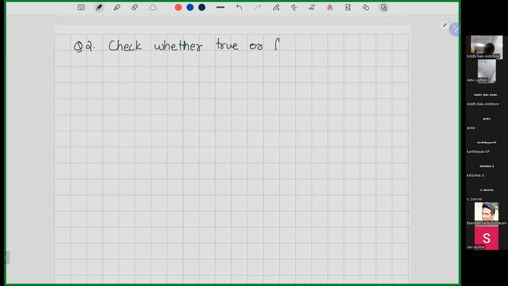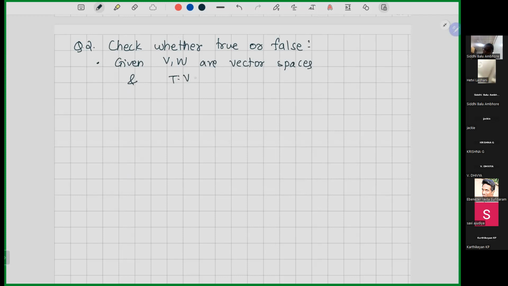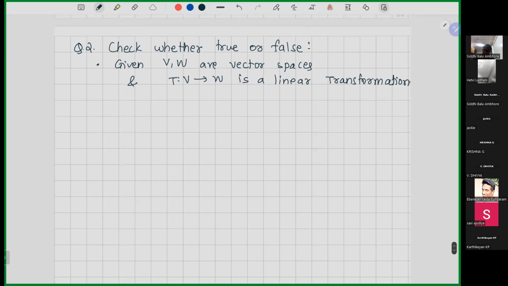The given setup is that V and W are vector spaces and T from V to W is a linear transformation. So we are already given that T is a linear transformation, and we need not worry about checking all the conditions here.